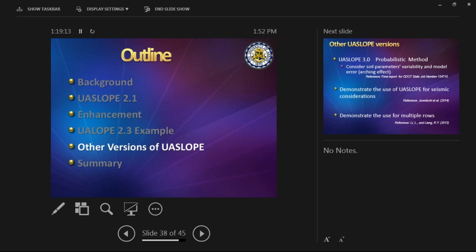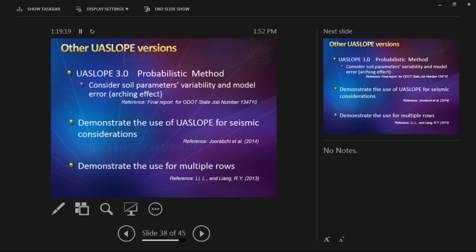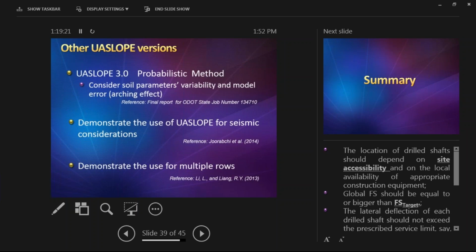I just want to mention some other versions of UASLOPE that are out there, and one is UASLOPE 3.0, which is a program sponsored by Ohio DOT. This is a modification of UASLOPE 2.2 or 2.1 so that it becomes a probabilistic analysis.